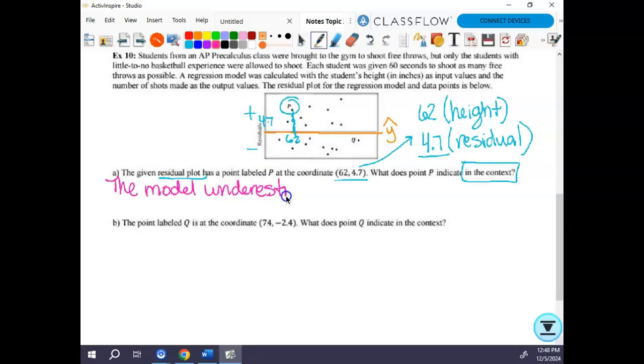What did it underestimate? The number of shots, exactly. It's underestimating the y value of the actual function.